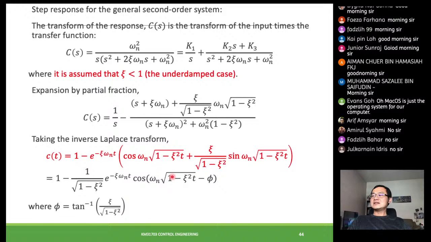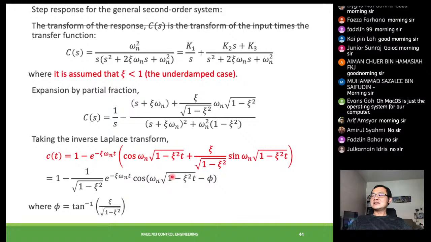This is how it looks when we increase the damping ratio. It changes from undamped to underdamped, to critically damped when this equals 1, and to overdamped. This is when I maintain the natural frequency and plot the graph while changing the damping ratio, and the behavior changes.